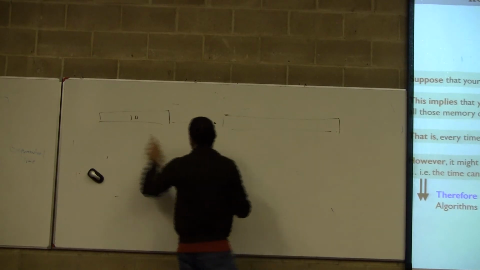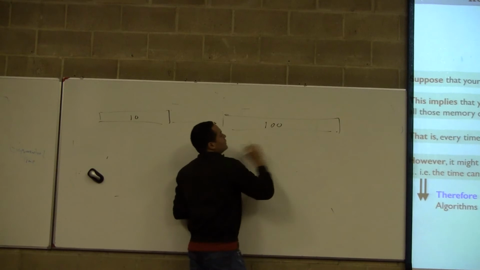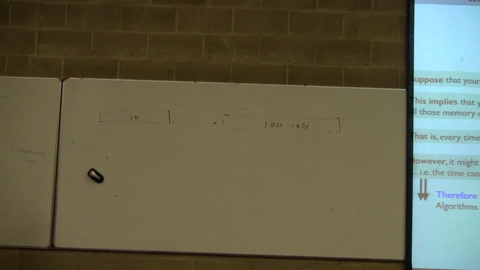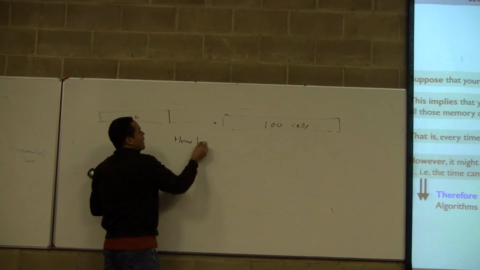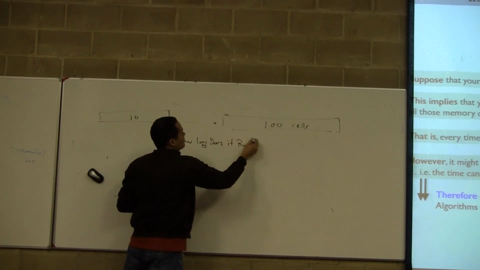Okay? So it starts with 10, but then it ends up using 100 cells. And what I want to understand is, if I run this system, how long does it run?